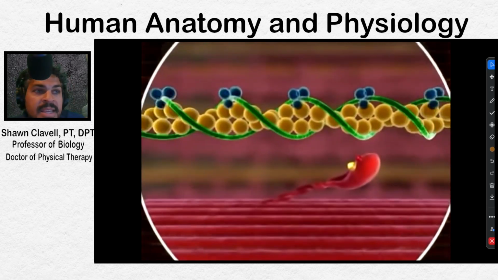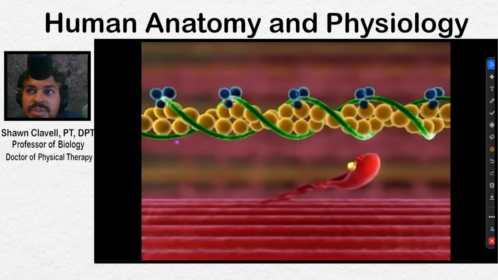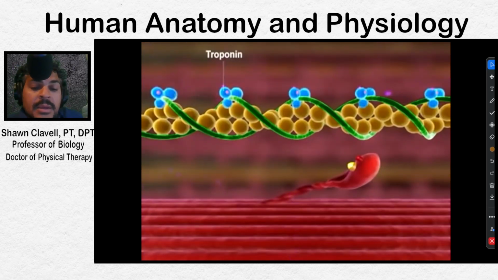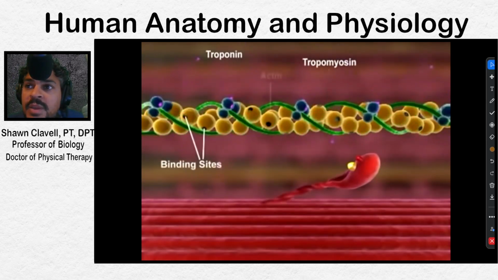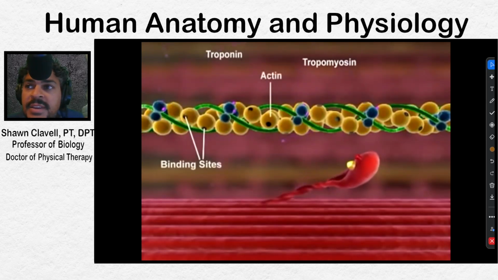Now, the stages of a crossbridge cycle: once calcium is released into the sarcoplasm, it's going to bind to troponin. It's going to cause tropomyosin to move out of the way, revealing the binding sites for myosin. Binding sites are activated.